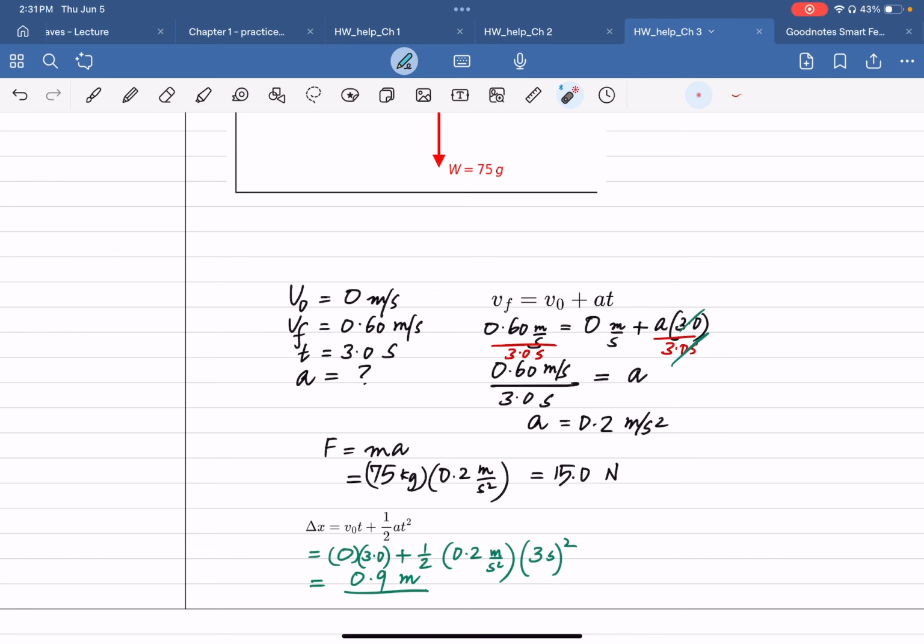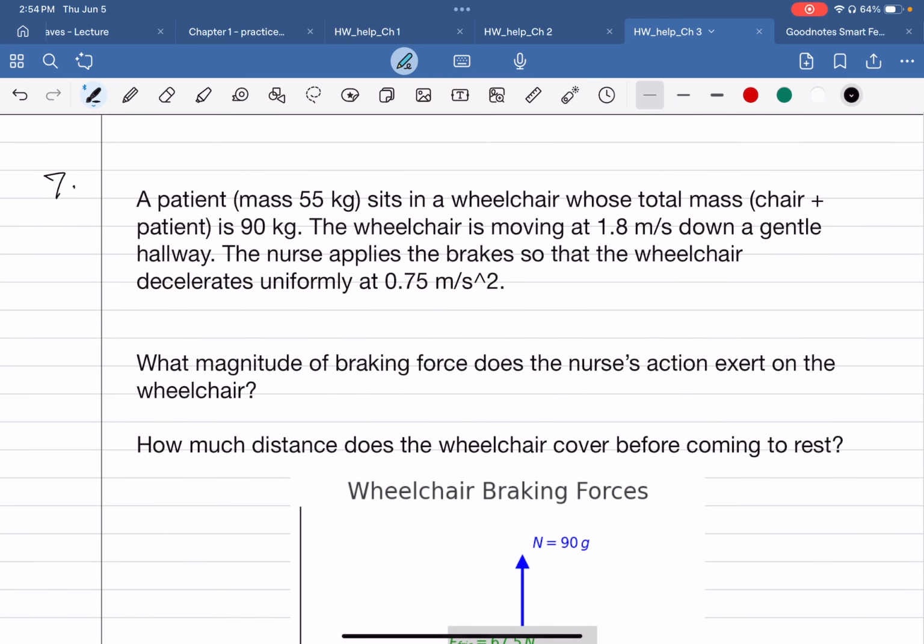That's what it means. So here is question number 7. A patient, mass 55 kilograms, sits in a wheelchair whose total mass, chair plus patient, is 90 kilograms. So now the total mass is given as 90 kilograms, and that's what we are interested in.